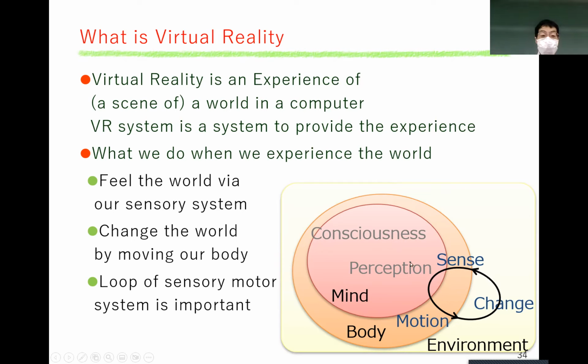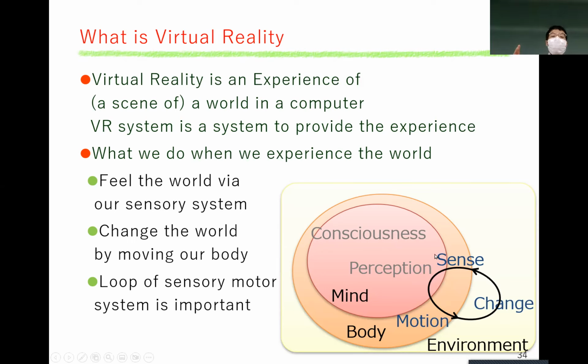And our sensory system and the motor system make this loop. If this loop is made, then we can change the world and we can perceive the world. The world is in our mind, but by moving our body, we can change the outer environment. Then the change can be perceived.